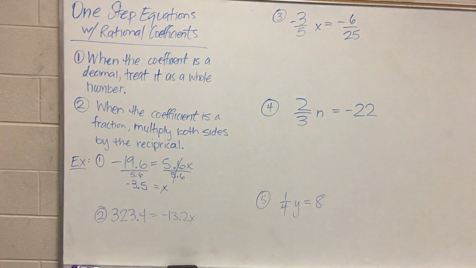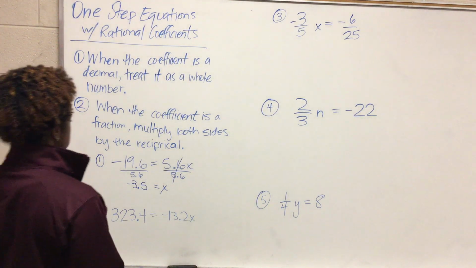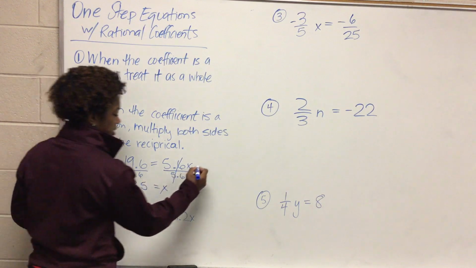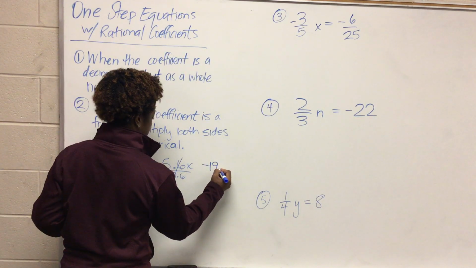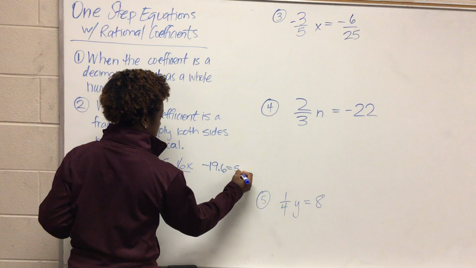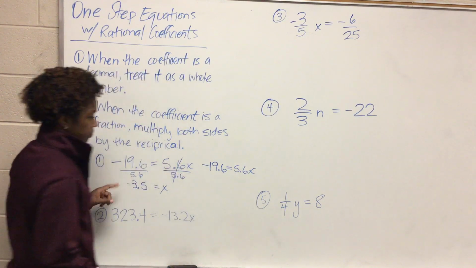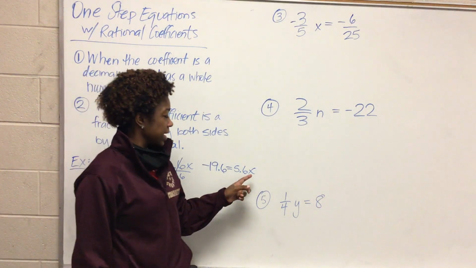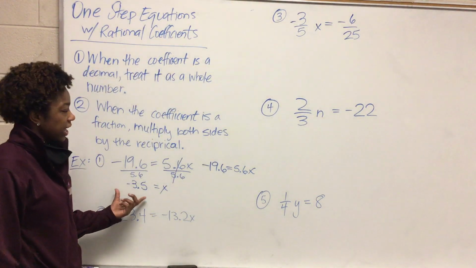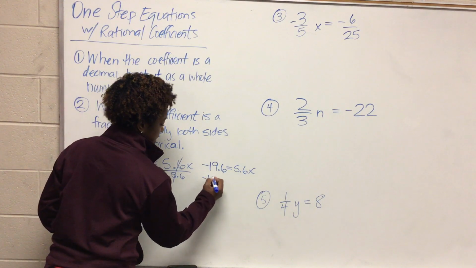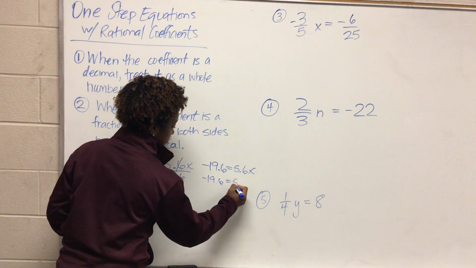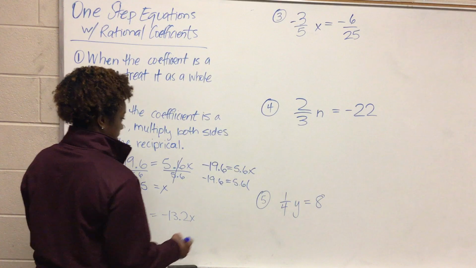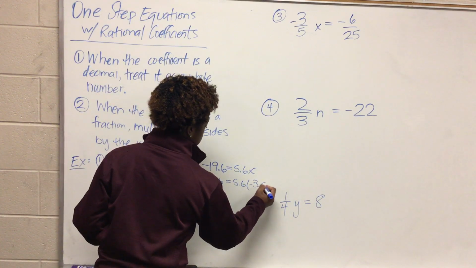Now, of course, just like any other equation, we want to check our solution. This is what it means to check your solution. You want to rewrite the top problem. Negative 19.6 equals 5.6x. Alright, now, on the second line, instead of writing x, you're going to write your answer. So that is negative 19.6 equals 5.6 times negative 3.5.